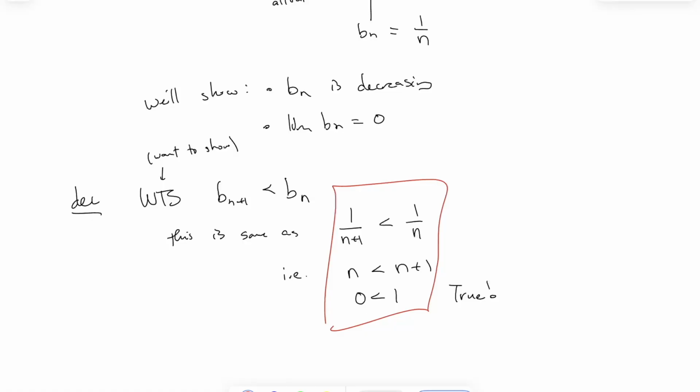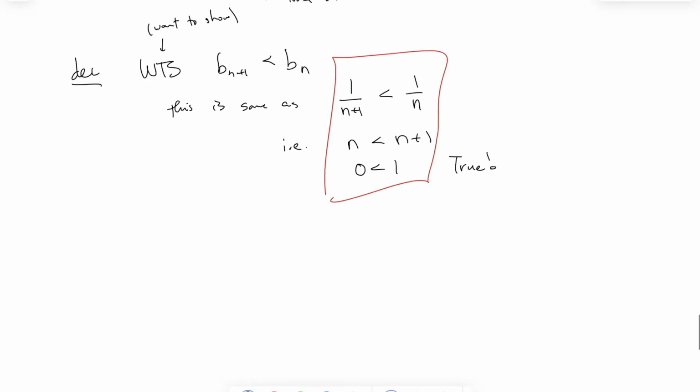Anyway, we are halfway done. That is to show that it decreases. The other is to show the limit. There's always the decreasing part and the limit part. So this time we need to find the limit as n goes to infinity of 1 over n. But this is very easy. This is 0. And that's what we wanted, right? In the limit part, you have to show that the limit equals 0, which it obviously does in this case.